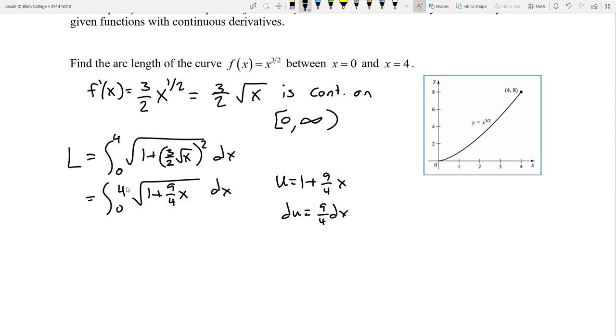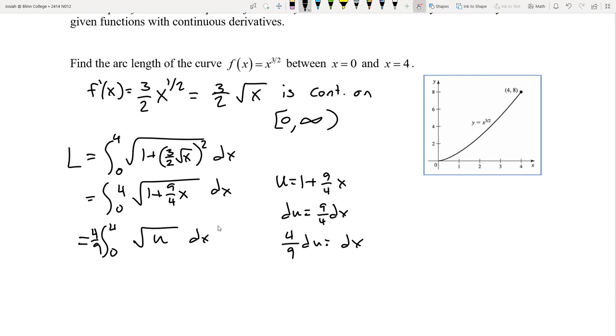We don't have an extra 9/4 floating around there, so we'll bring that to the other side. So 4/9 du equals dx. Now when we swap out our dx, we'll have that 4/9 in there. So 0 to 4, root u, and then we have that 4/9, and I'll put that out front, since it is a constant.